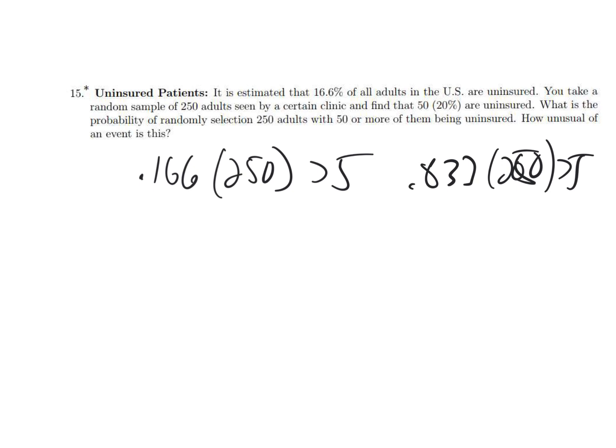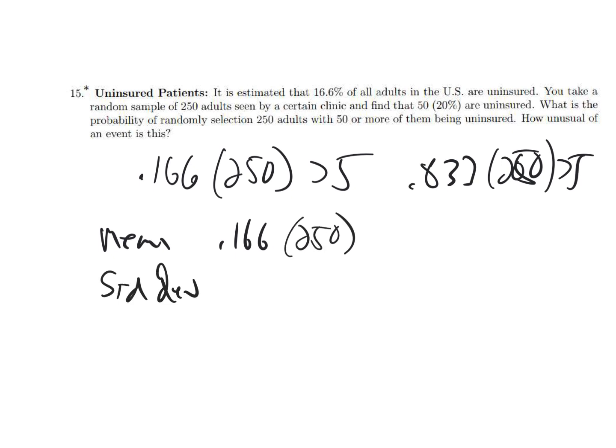So let's find the mean. The mean would be 0.166 times 250, and the standard deviation would be the square root of 0.166 times 250 times 0.833. Sorry, I screwed that one up. It'll be the square root of 0.166 times 250 times 0.833.